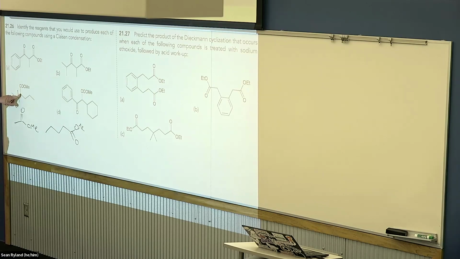Hexanoate. Yeah, because that's the one that stays as the ester, so we have to make the enolate there so that it can attack there.